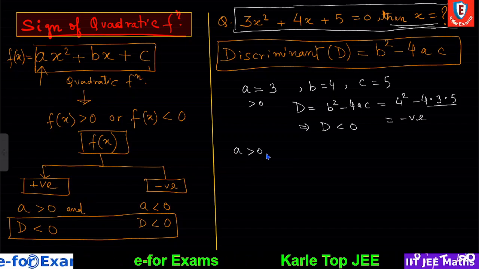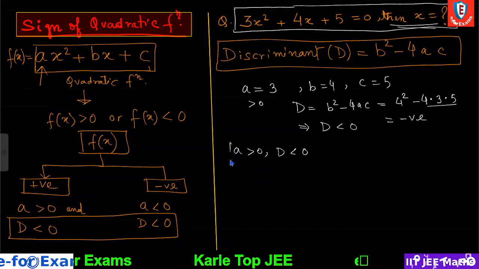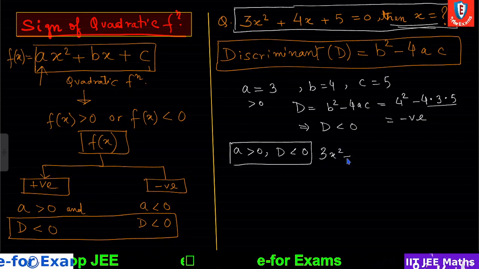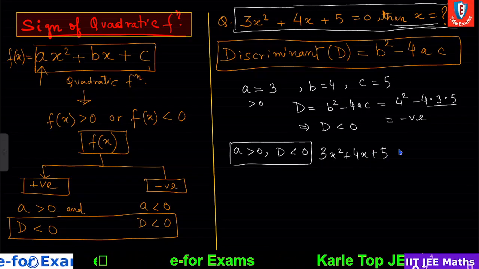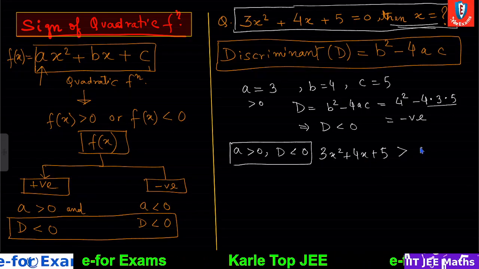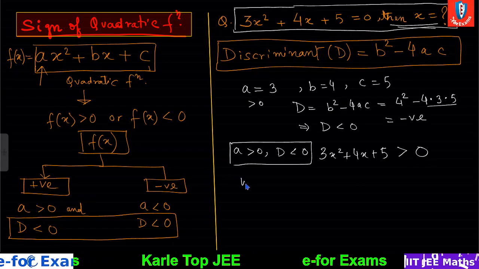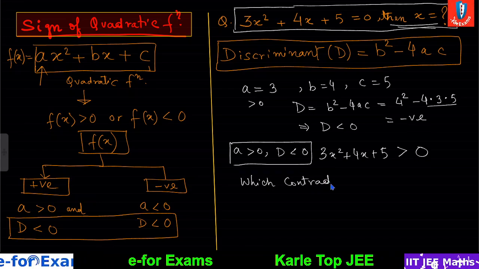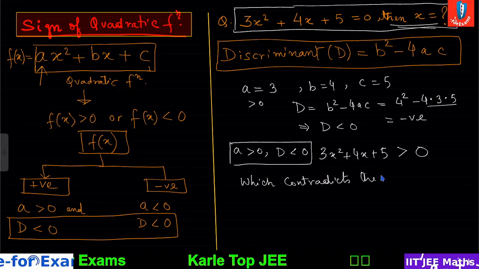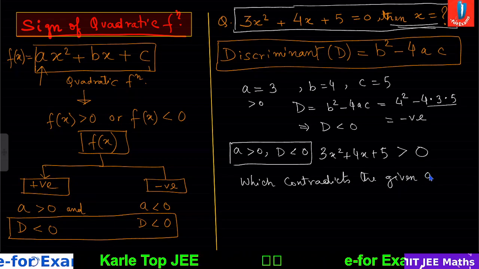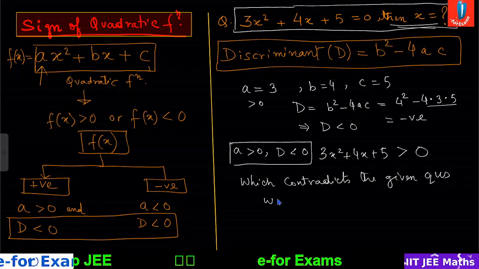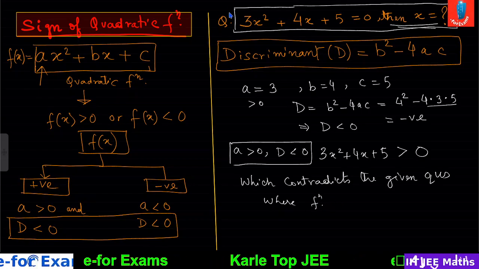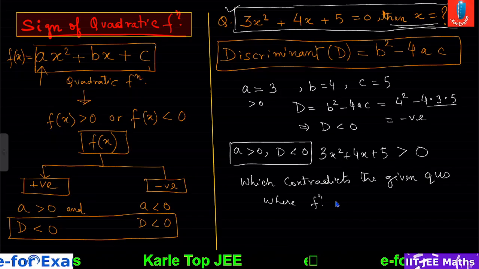Since a is greater than 0 and d is less than 0, the given quadratic function 3x squared plus 4x plus 5 must be positive, that means greater than 0, which contradicts the given question, where the function is equal to 0.